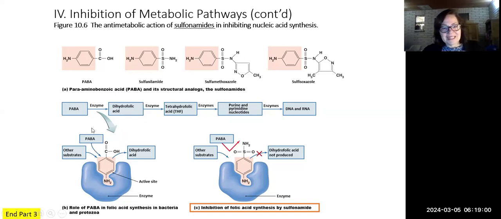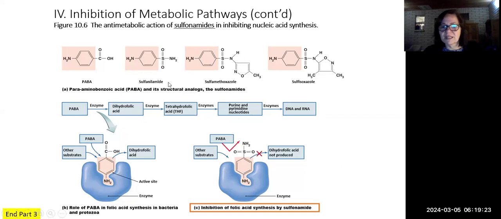And so, here's the PABA with its little carbon and double bonded oxygen and hydroxyl group. That's PABA. In contrast, here's something that's fitting into the active site of the enzyme with the amino group and the benzene ring. But wait, that's a sulfur. There's a couple of oxygens.